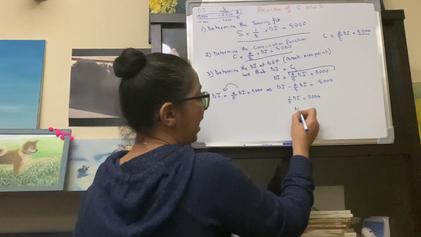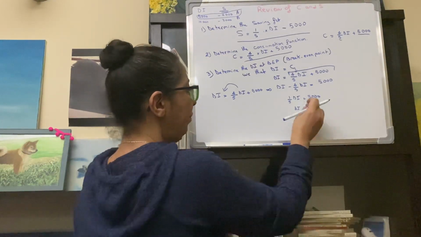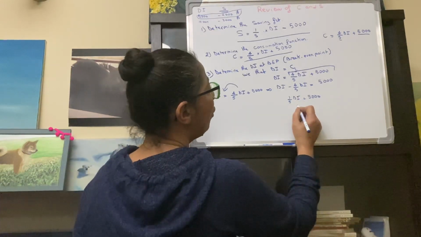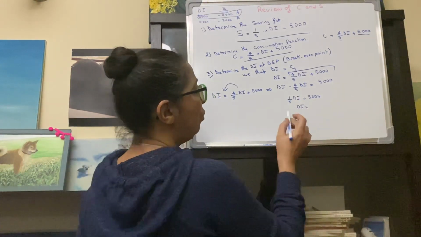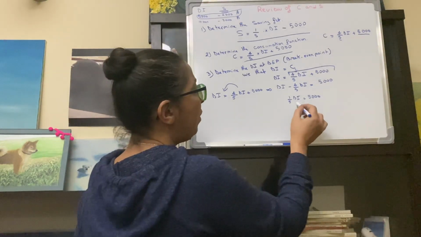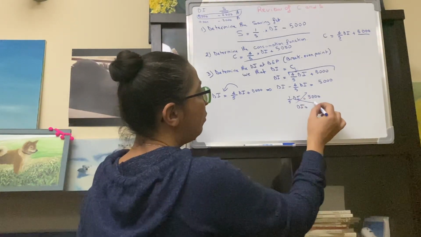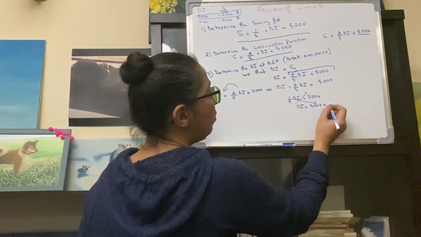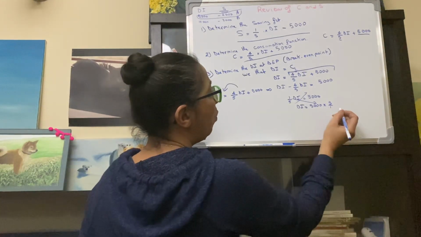So DI, oops, I don't have a lot of space here. So DI is equal to, you all know how to do this. You multiply by 5 and you divide by 1. 5,000 multiplied by 5 divided by 1.